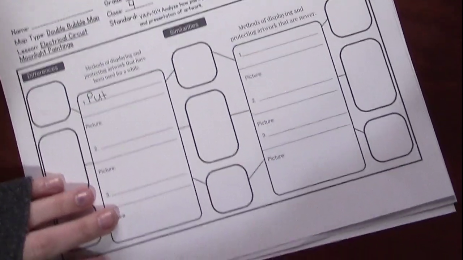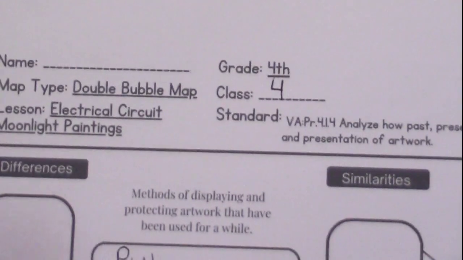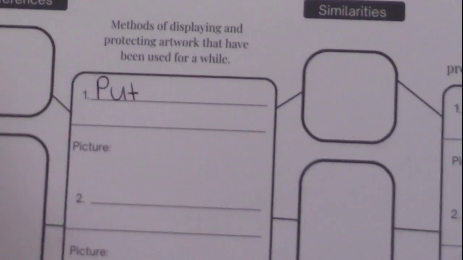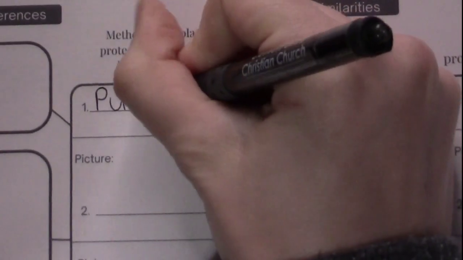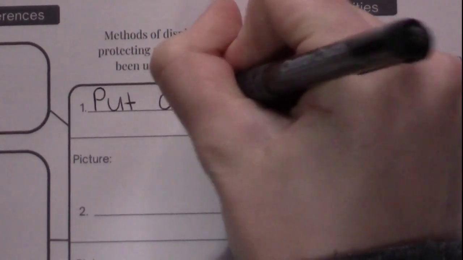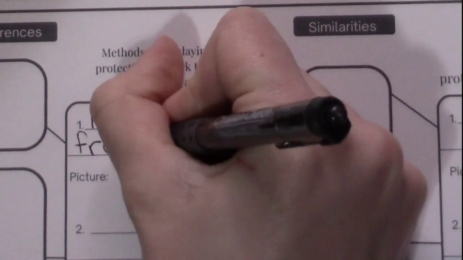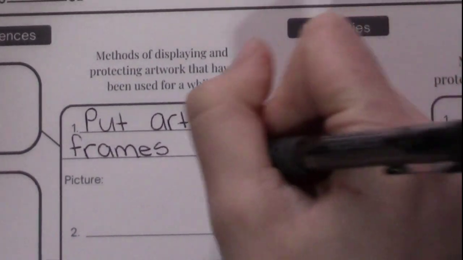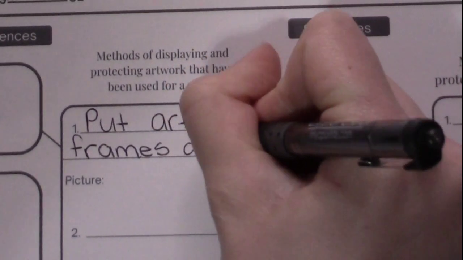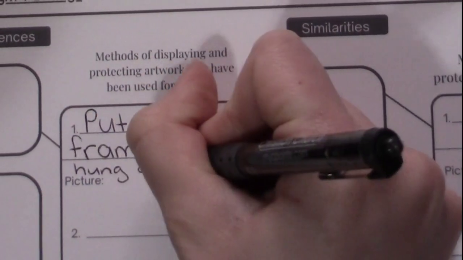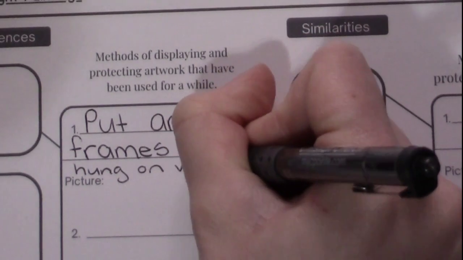I'm going to zoom in so you can know how to spell these things if you need help with that. There we go. Okay, so put art in frames and hung on walls.